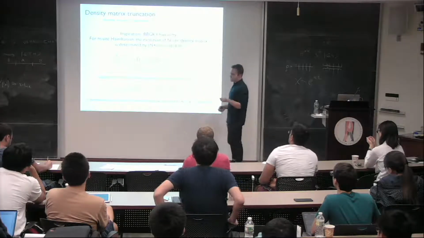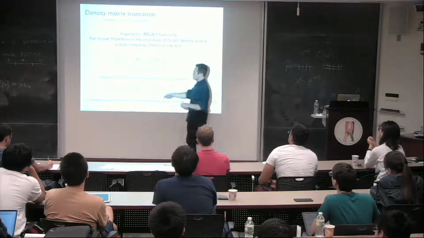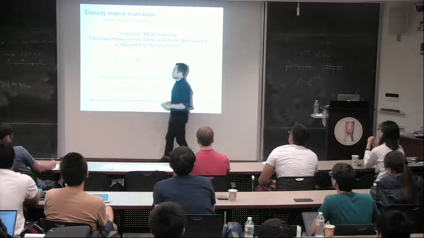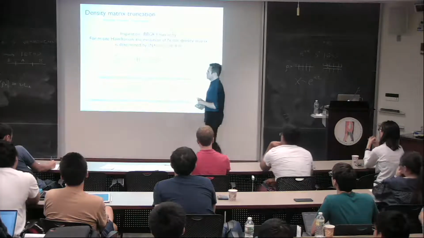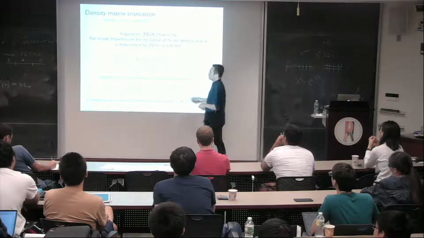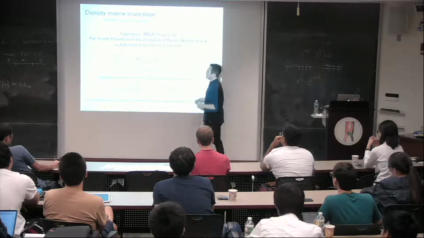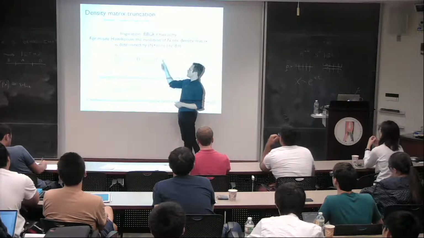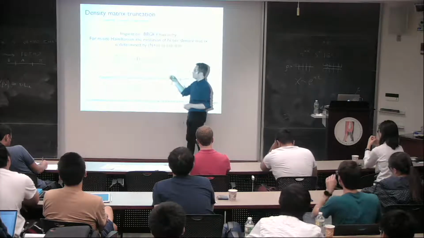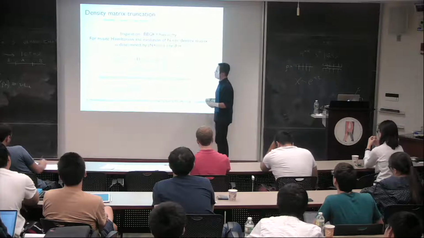So for instance, let's do this for a one-site density matrix. This is a reduced density matrix just for site j. Of course, the time dynamics is just the Heisenberg equation: take the total density matrix, do the Heisenberg equation, and trace out the spins you don't care about.